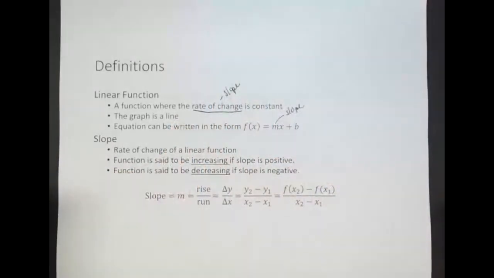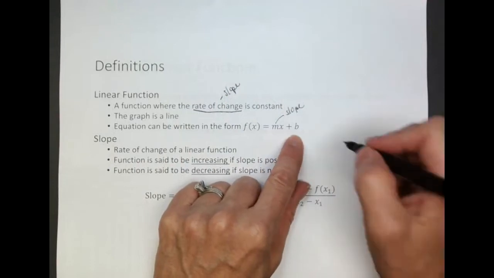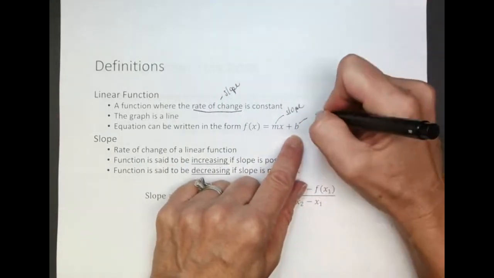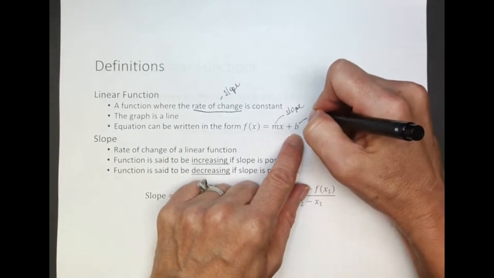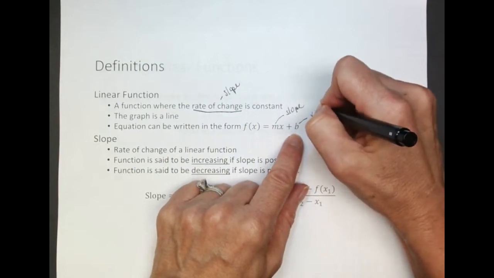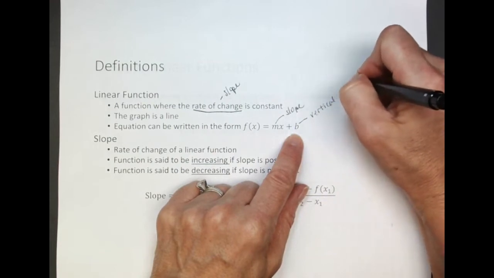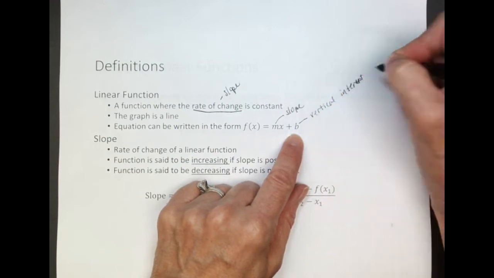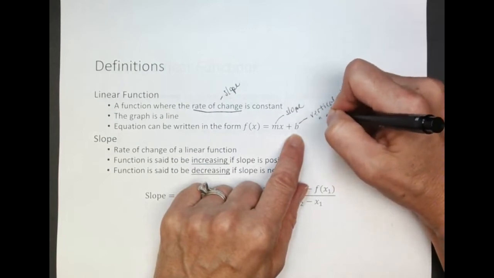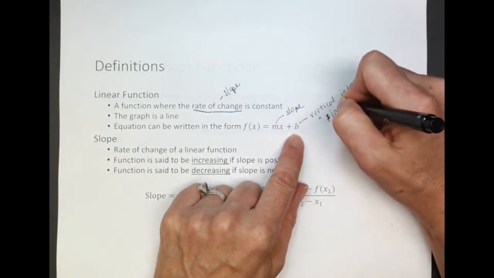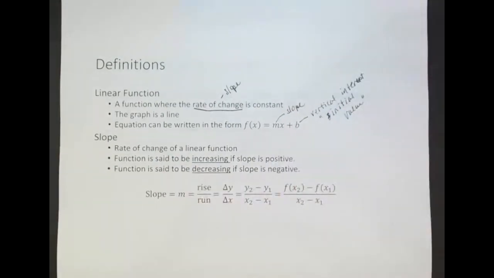X, of course, is your independent variable, and b, on the graph, is going to be your vertical intercept, or y-intercept. Or we might think about this as the starting point or initial value of the function.